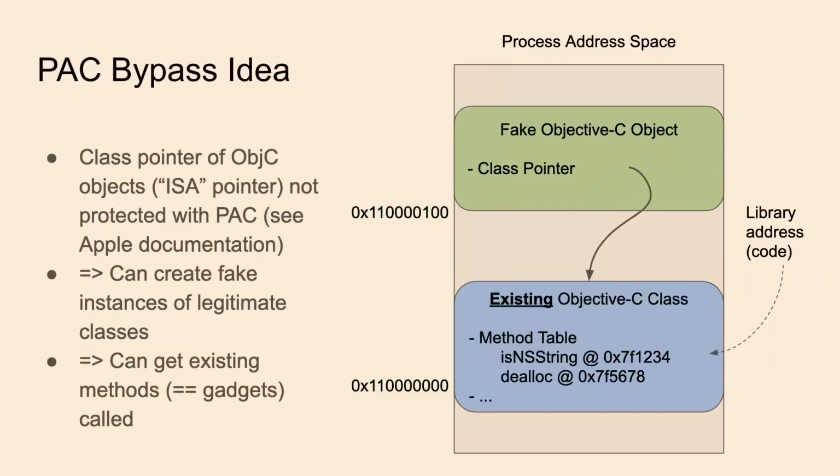One thing that's still possible, and it's even documented in the documentation, is that this class pointer in the object, it's also called the ISA pointer, is not protected by PAC in any way, which means we can fake instances of legitimate existing classes, right?